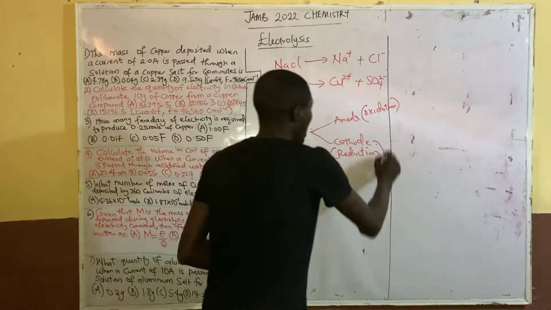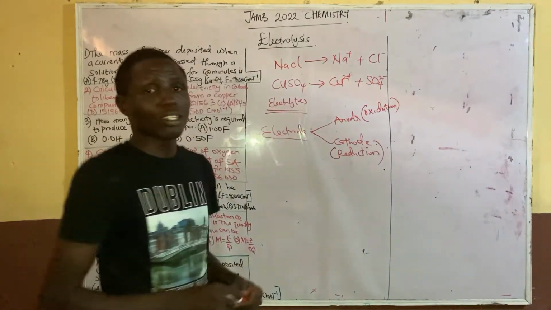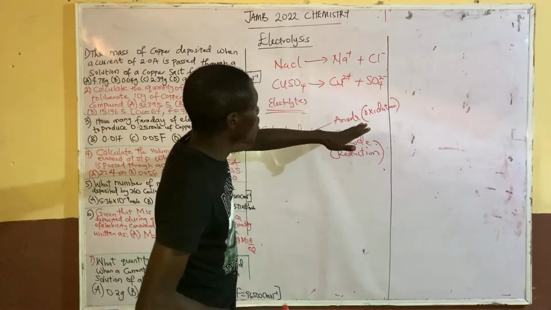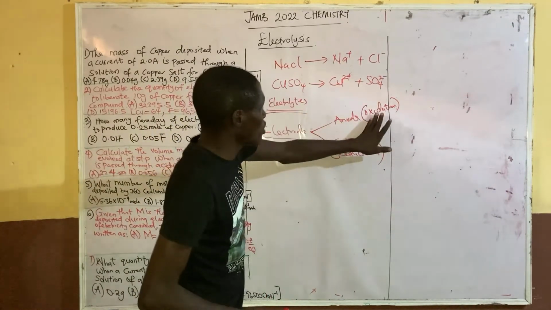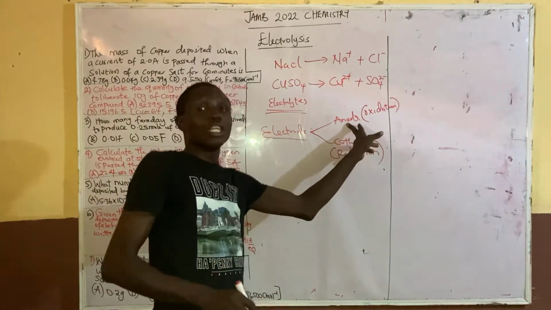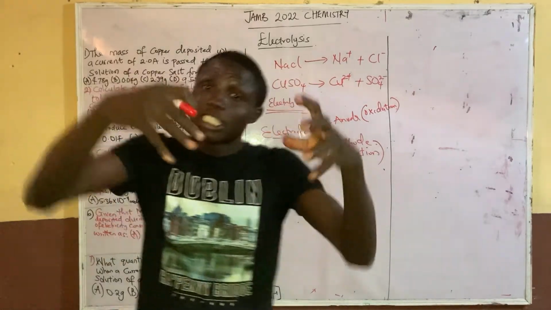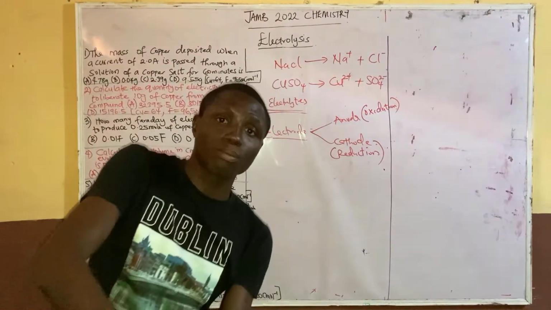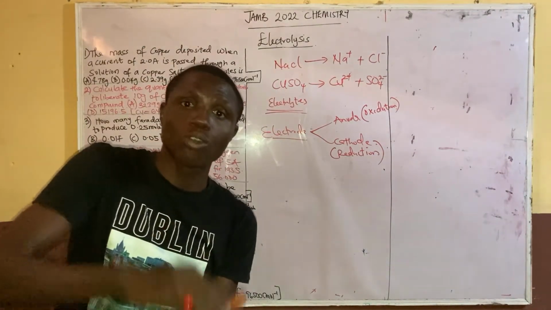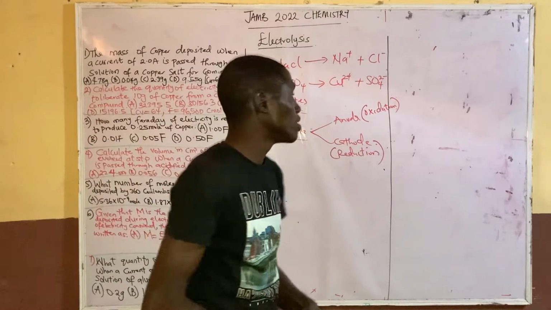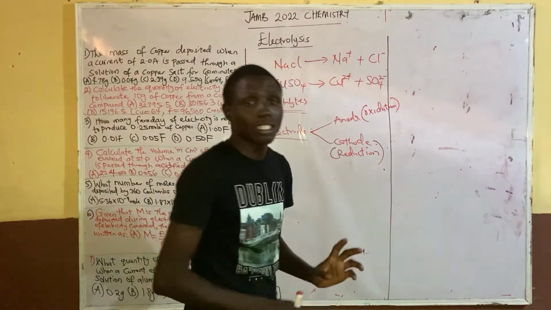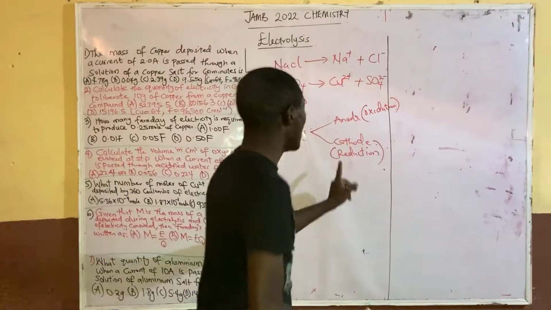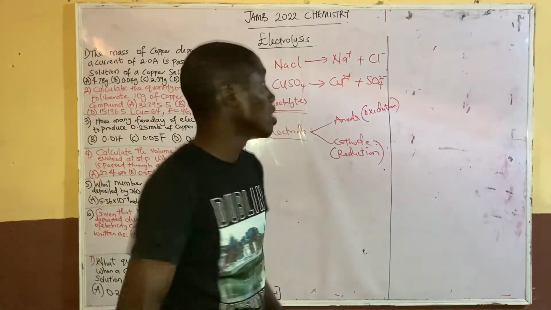So when you say oxidation takes place at the anode, it means the anode acts as a reducing agent, because wherever oxidation takes place, the substance that causes oxidation to occur is what we call a reducing agent. But let's leave it like that. Know that oxidation occurs at the anode and reduction occurs at the cathode.